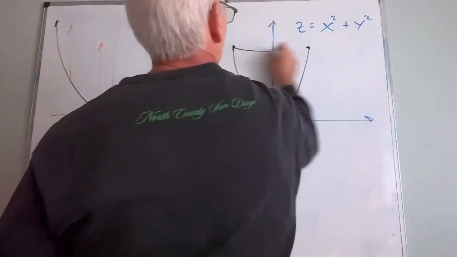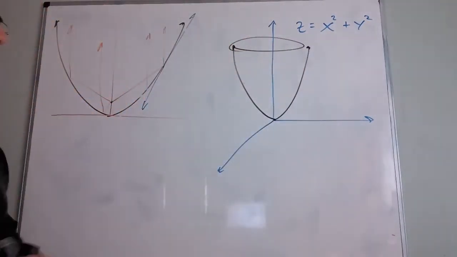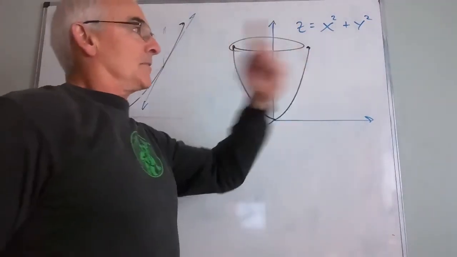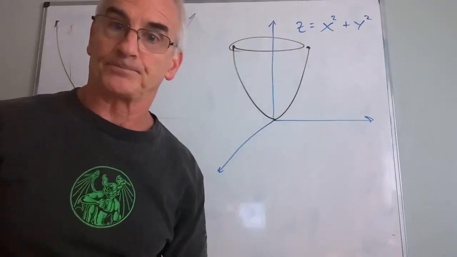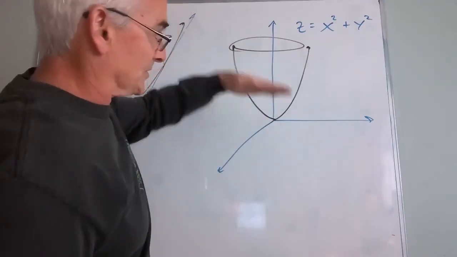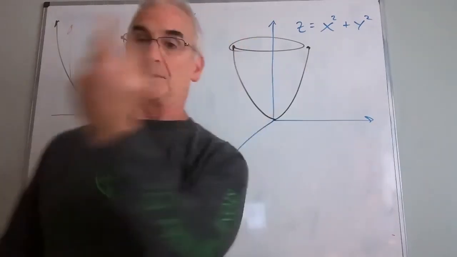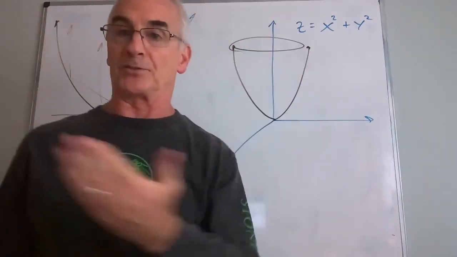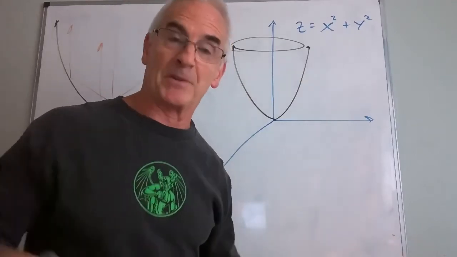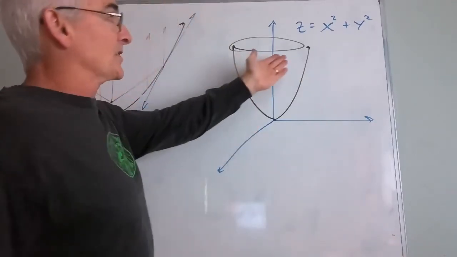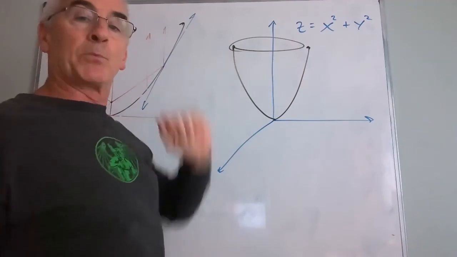It's a three-dimensional parabola. It's a parabola that if I rotate it, looks circular. All the cross sections this way would be circles, but it's parabolic. From every way I could look at this vertically, it looks like a parabola. So it's called a paraboloid. That means parabola-like. This is one of the simplest shapes that we study, and this is a really important shape.